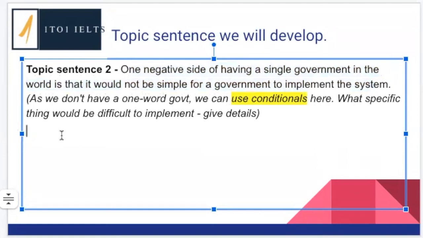So if anyone in my chat can think about what has been difficult for the European Union to regulate as a trading bloc, as a unified group of countries. Okay, so Tamara was saying refugees.